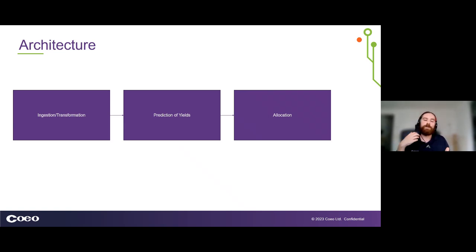And for this project, the client already had some predictions of their own, not using any ML or anything fancy, more just using averages and sort of things that they thought were reasonable.